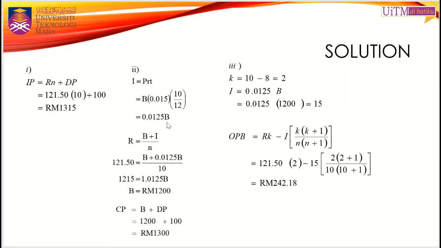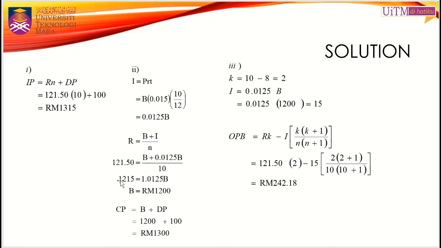Next, you use the formula R equal to (B plus I) divided by N. Since you know the value of R and the value of N, you can replace the value of I with the one that you have just found, and you are left with only one unknown, that is B, the balance. So substitute the information: 121.5 equals (B plus 0.0125 B) divided by 10.